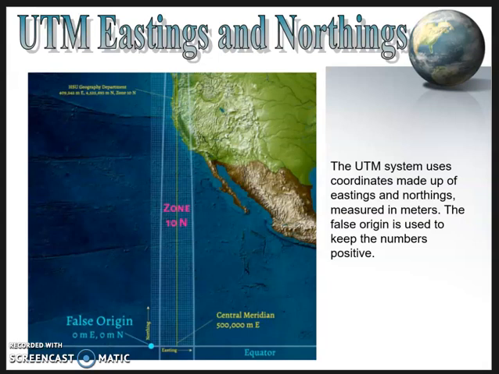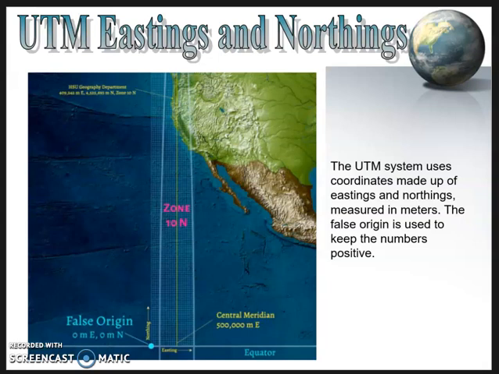The central meridian, a line of tangency for the transverse Mercator projection of each zone, has a false easting of 500,000 meters. A false easting is just the value given to grid coordinate systems on the x-axis so that all x-coordinates in the system are positive numbers.